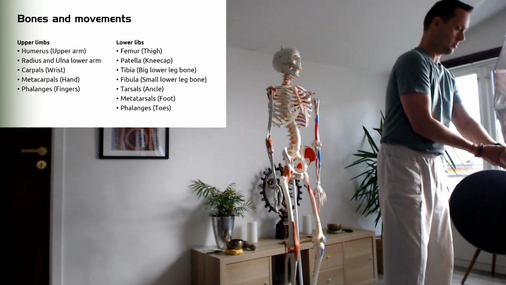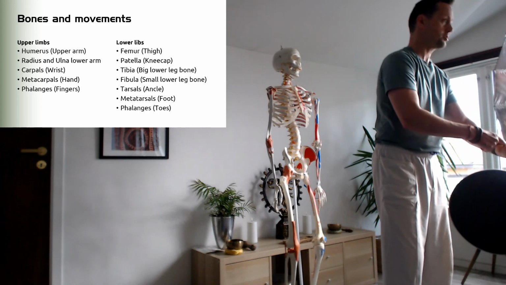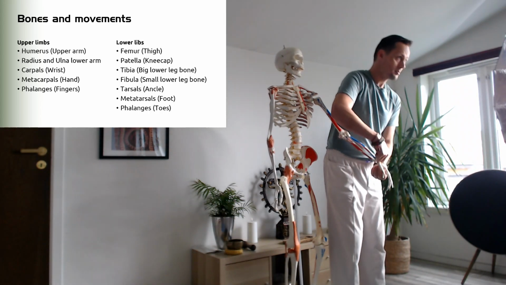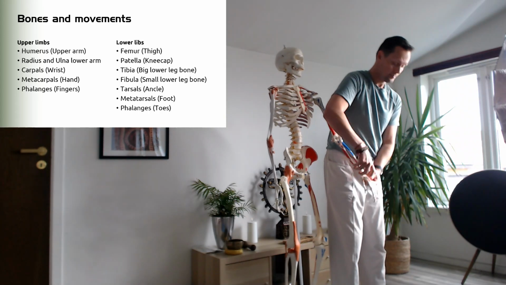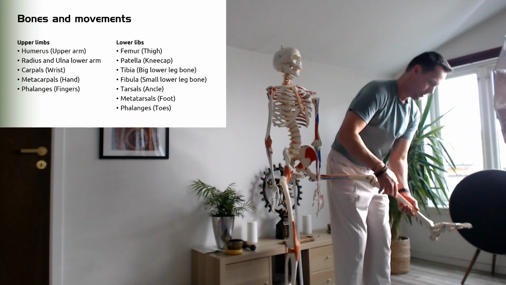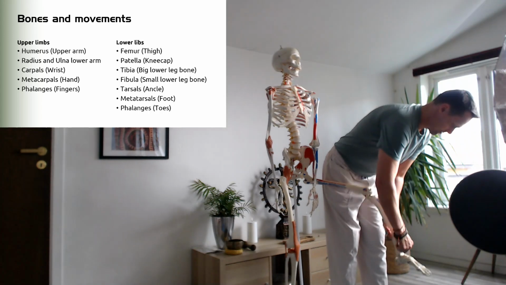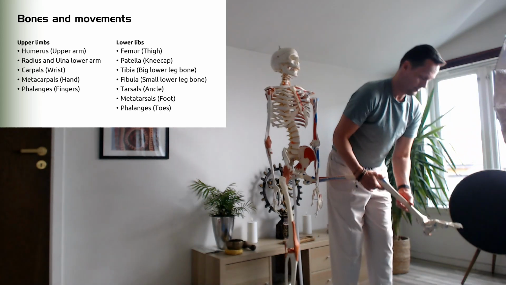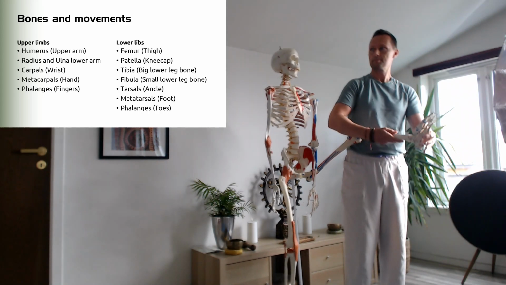Like when we talk about the wrist, where we have a wrist bone, this is the wrist bone. This is the ankle bone. It's kind of where it meets.